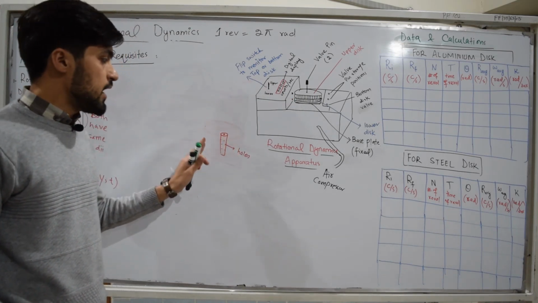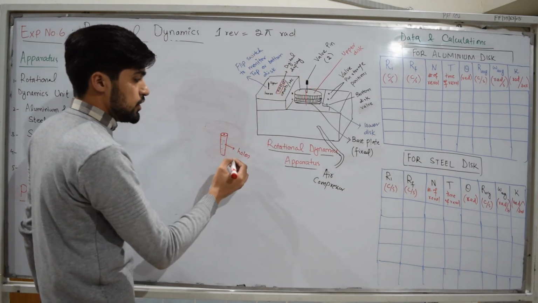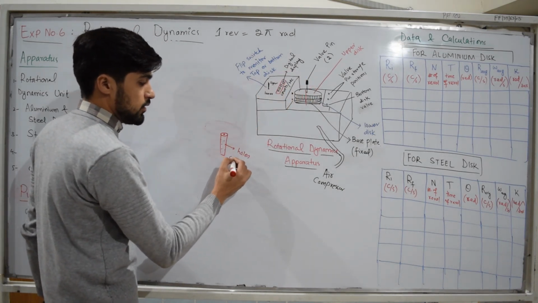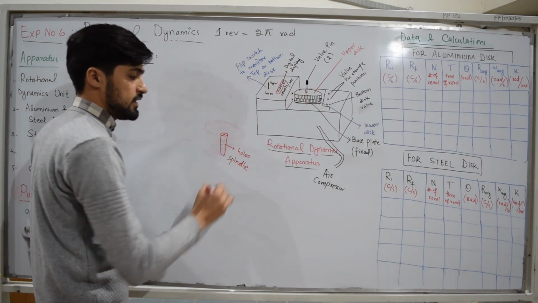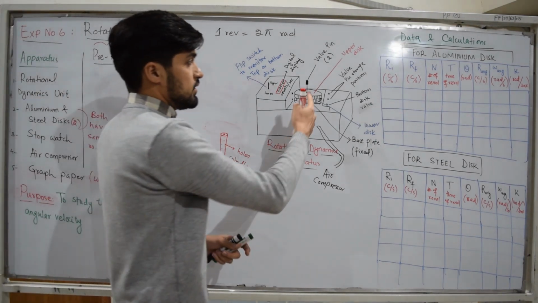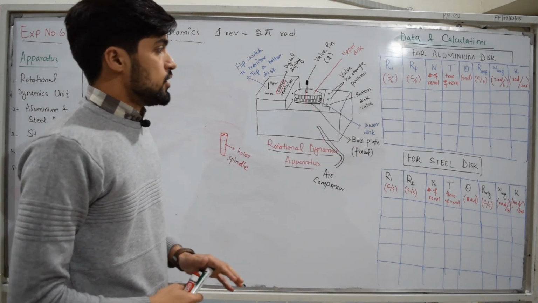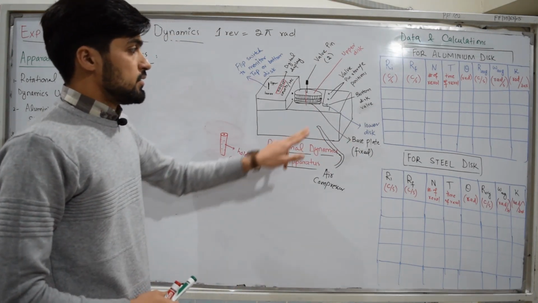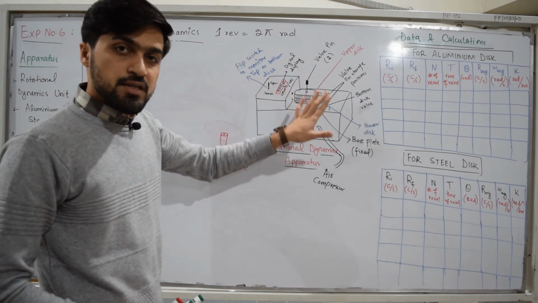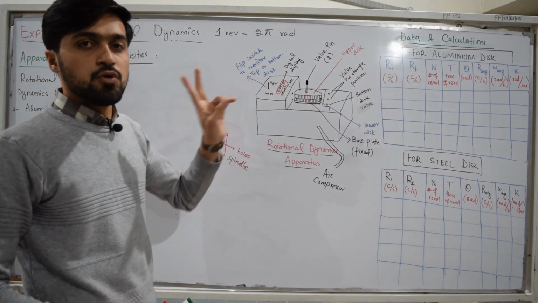This is the spindle, right in the middle of these disks. Now there are 2 disks: one is the upper disk, the top one, and the bottom one is the lower disk. Keep in mind that this unit will always operate on 2 disks.